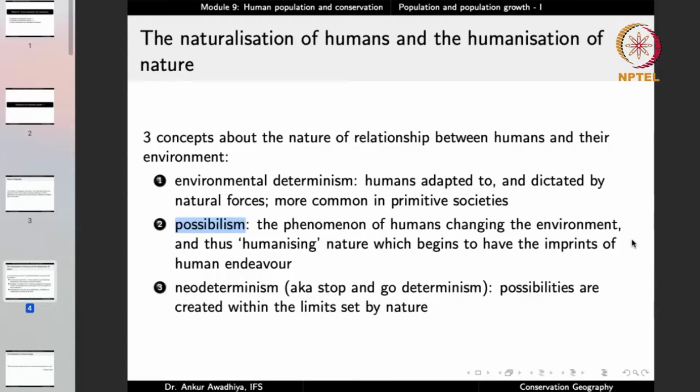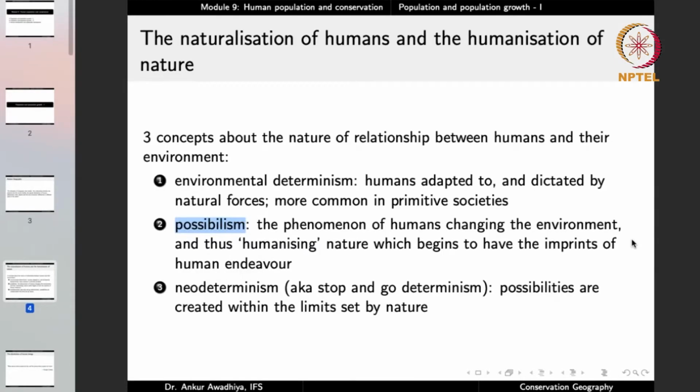When they began to perform agriculture, they cut trees and they converted vast stretches of forest into farmlands. When they started rearing animals, they started to use the pastures. And in this stage, the humans started to have big impacts on nature because what was forest erstwhile was now converted into agricultural fields or ranches.